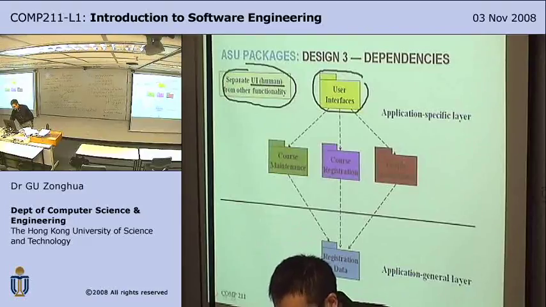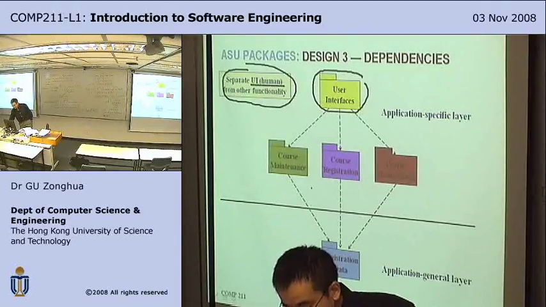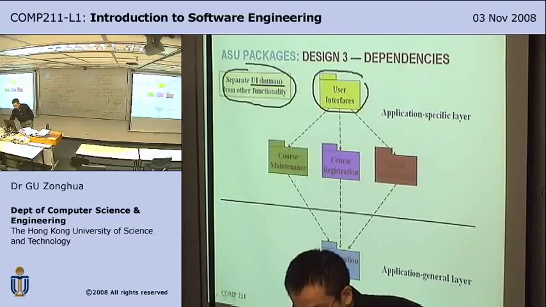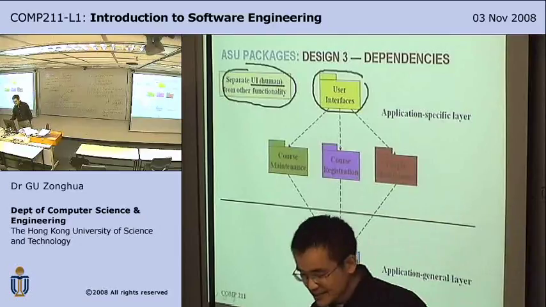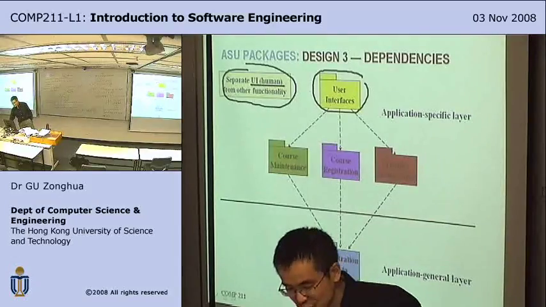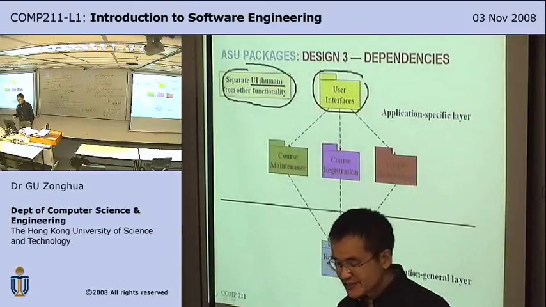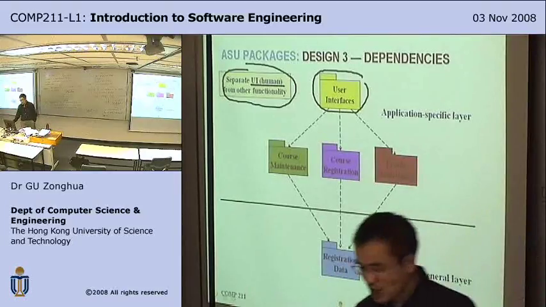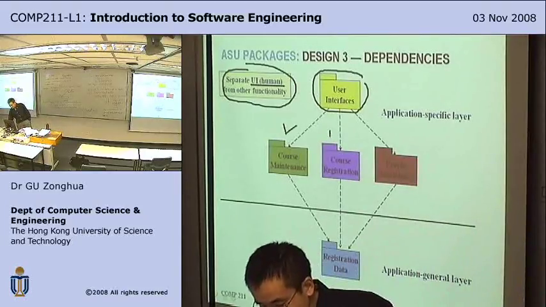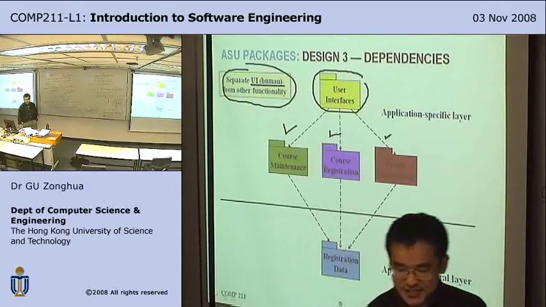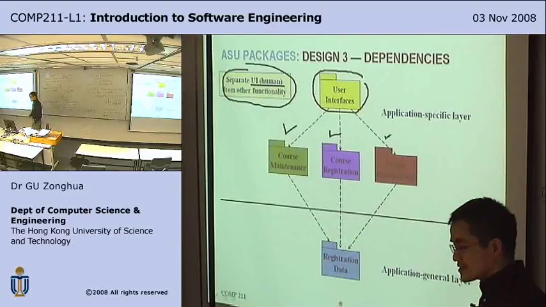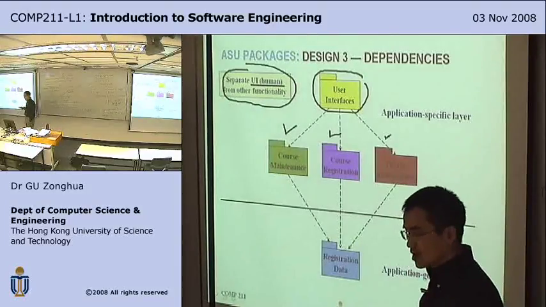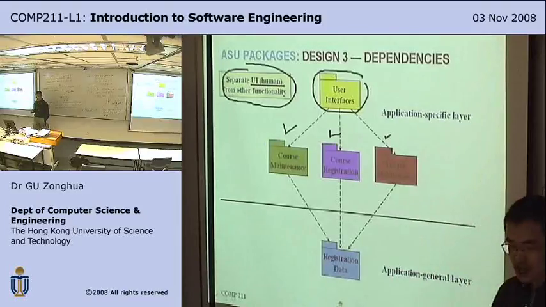And dependencies: course maintenance, course registration, people maintenance are dependent on registration data, and user interfaces are dependent on all the other three. So these dependencies are consistent with the dependencies in the class diagram, in the analysis class diagram.